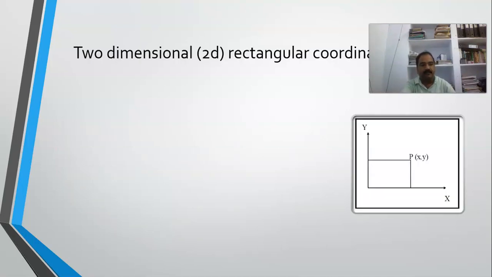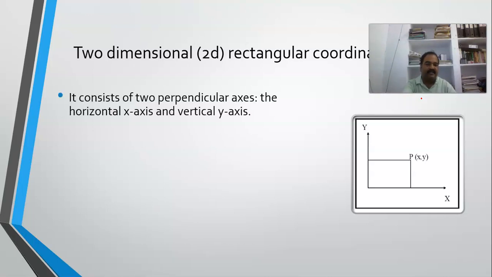Now, as you can see on the left side, this is a representation which we generally use, or have used till our intermediate. It is a two-dimensional rectangular coordinate system where, if you carefully see, there are two perpendicular axes. This is the x-axis and this is the y-axis.